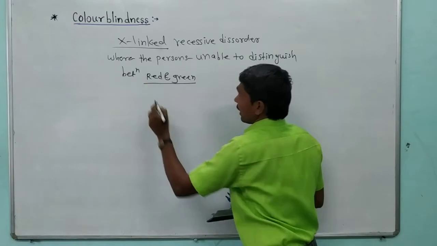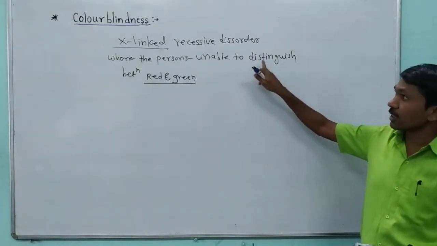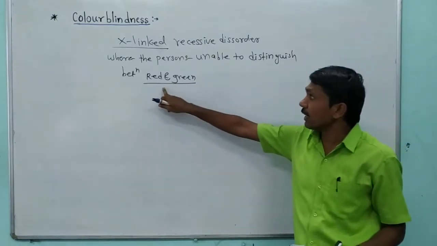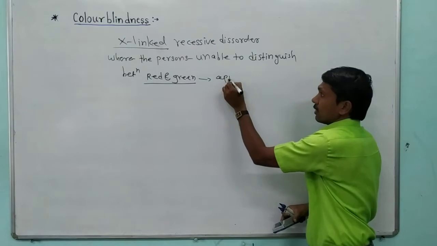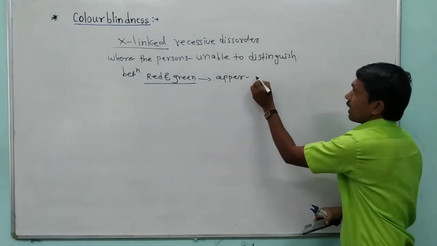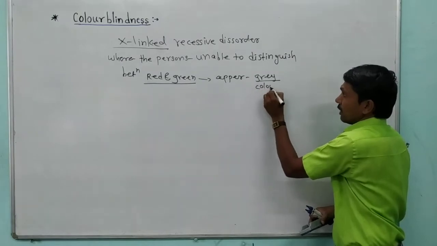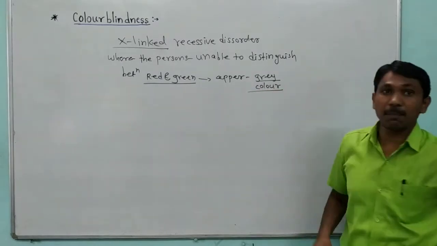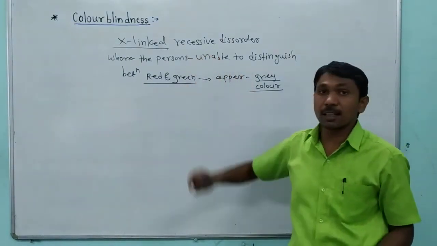The person is unable to distinguish between red and green color; both colors appear as gray color, and that is called color blindness.